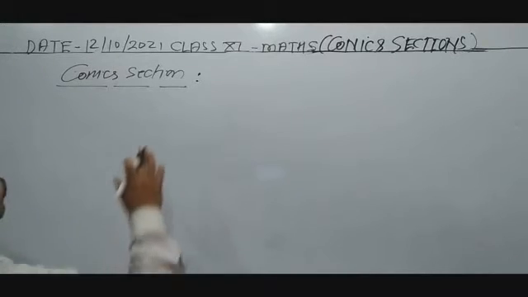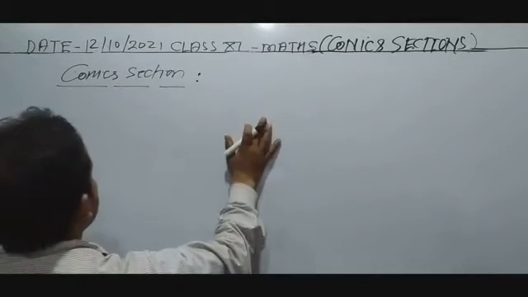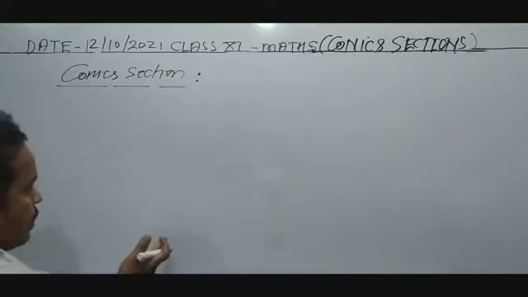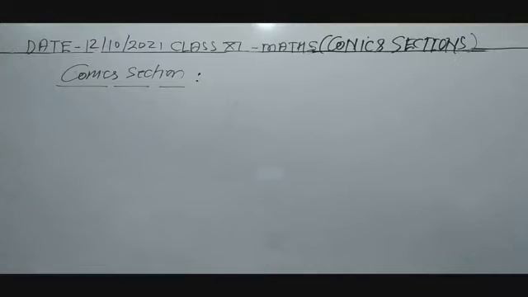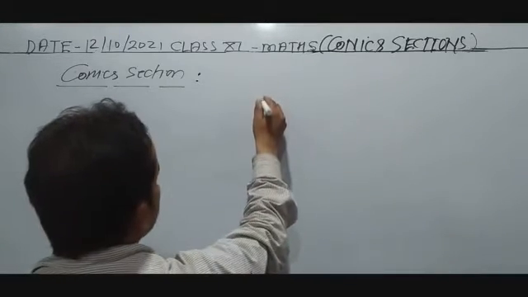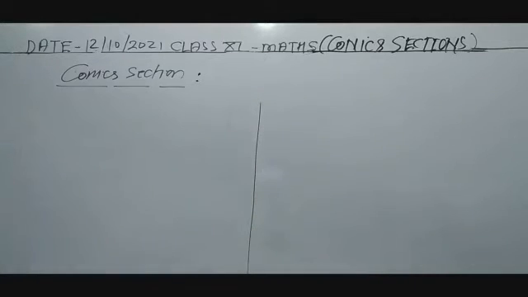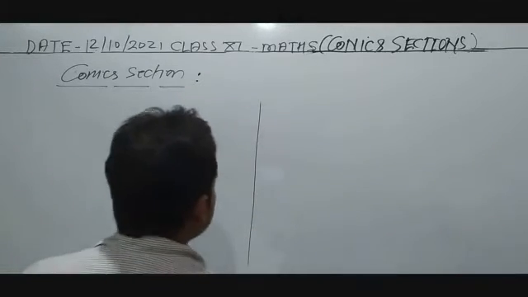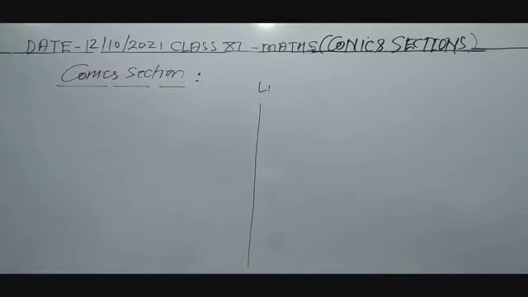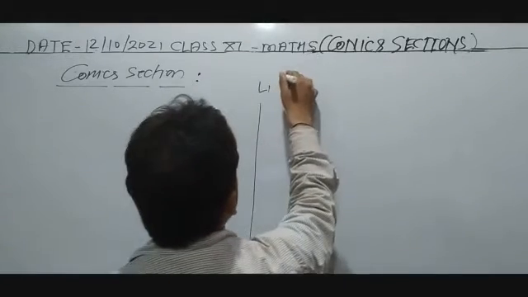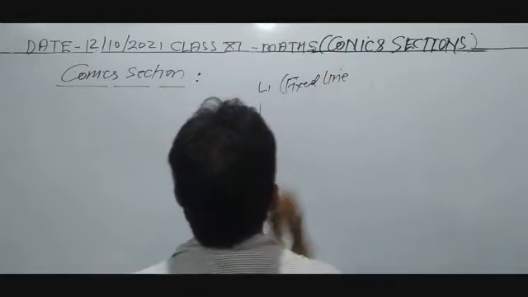Consider the section of cone cut by a plane, that is conic section. And how will you obtain the section? So see, let us consider L1 be any line represented in the Cartesian plane. This is the fixed line.